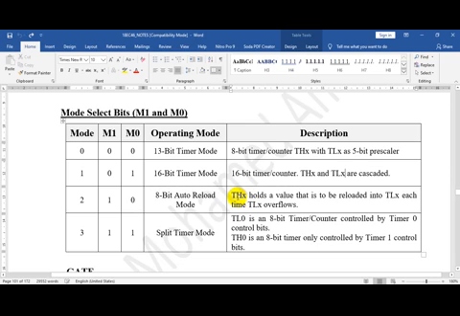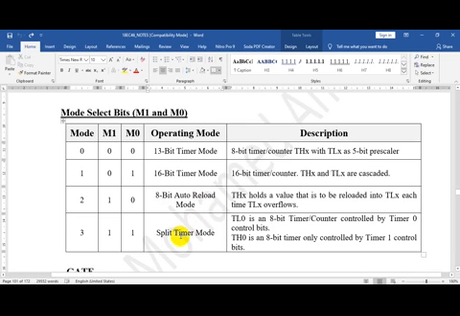In this mode, TH holds a value, and each time an overflow occurs, the value will be reloaded automatically. More details will come when we study the timer in auto reload mode. As of now, understand that this is only an 8-bit mode, so the maximum value that can be loaded is FF.